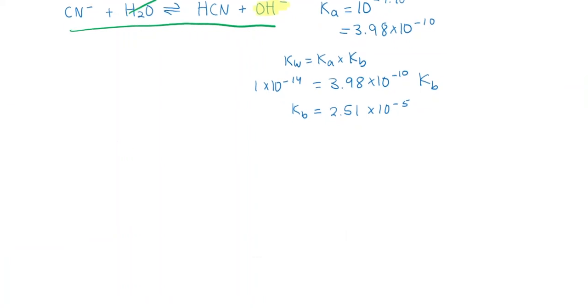So CN minus, and then HCN, and OH minus. I'm going to put a line between here just to differentiate between the product and the reactant side. And then here you're going to write ICE. The I stands for initial concentration.